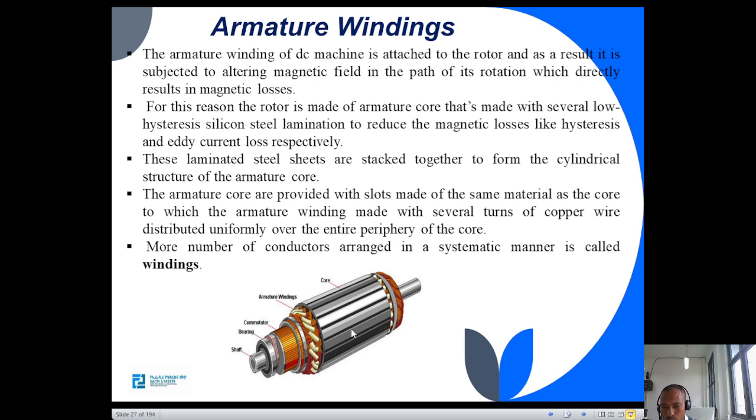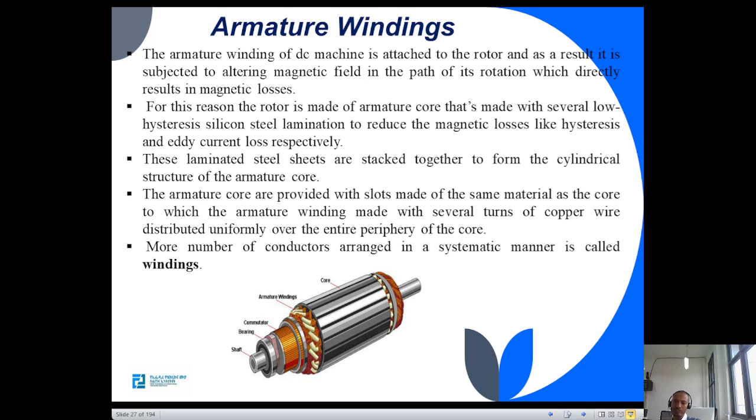These are the places where our windings are going to be hosted. A large number of conductors are arranged in a systematic manner. When we place the conductors in the slots, it is not arbitrary; it has its own systematic arrangement, which we call winding styles, as we are going to see.